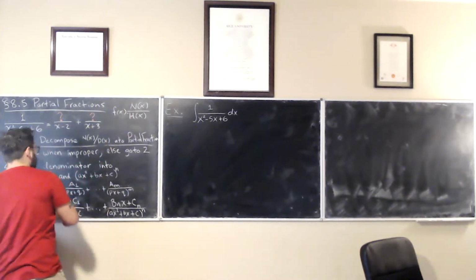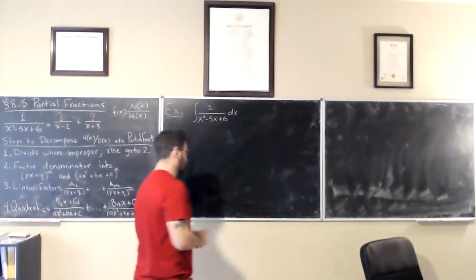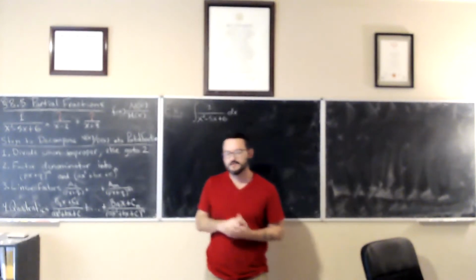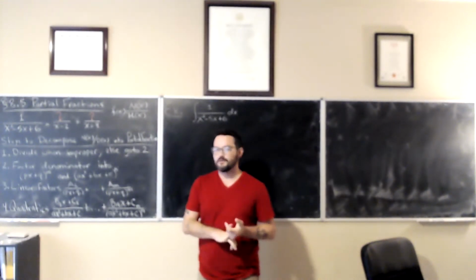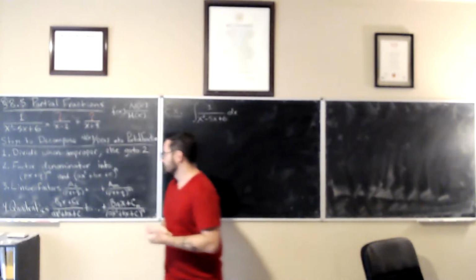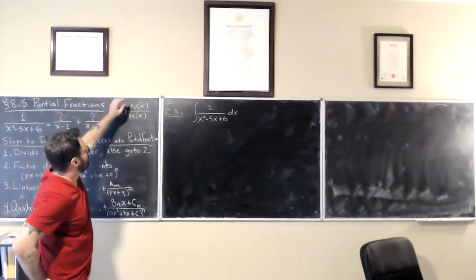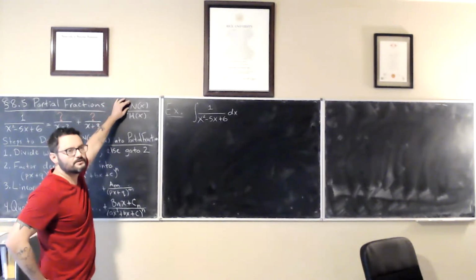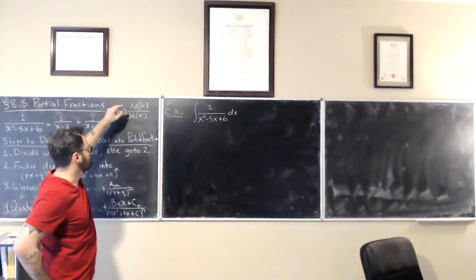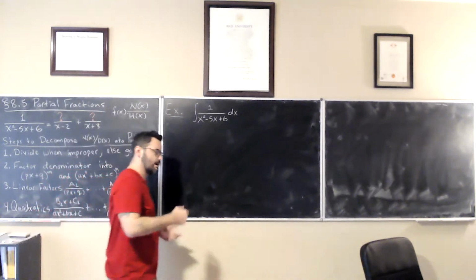If your function looks like this, there are a few forms that it can take. Well, two. They can be improper and proper. For improper rational functions, the degree of the polynomial in the numerator is higher than the degree of the polynomial in the denominator.